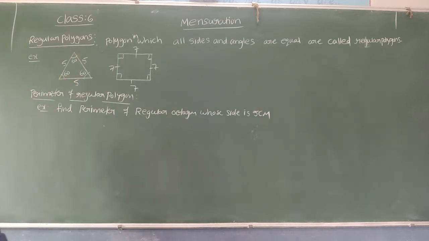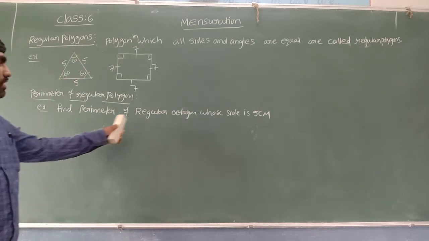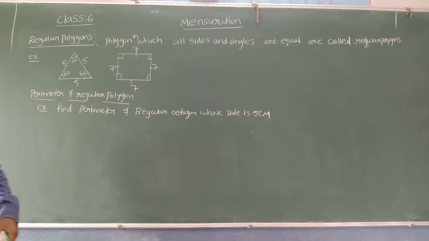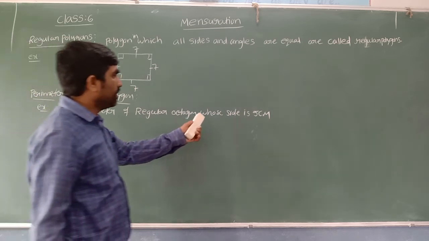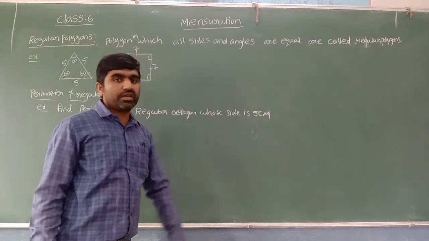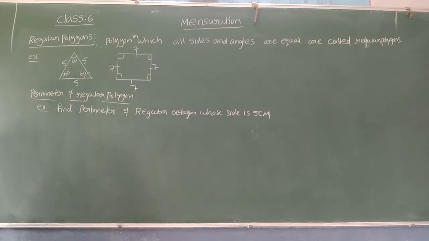They give an octagon, which has 8 sides, and they are asking: whose side is how much? The length of the side is 5 centimeters. They are asking to find the perimeter.